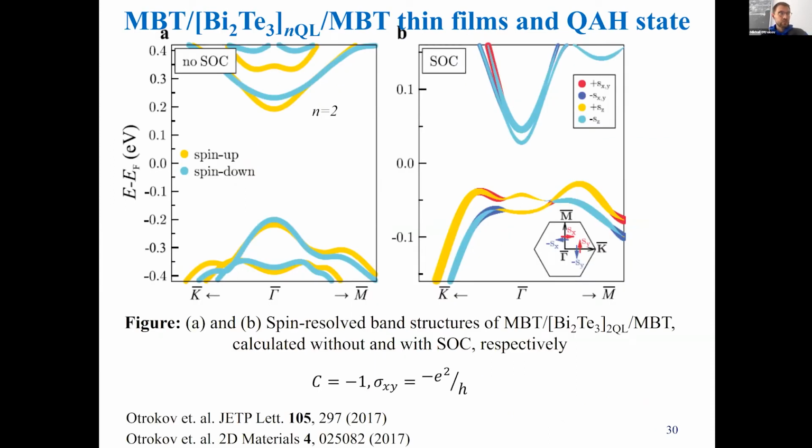Going back again to this kind of system, but now entering the two-dimensional limit, not just placing a single septuple layer on top of the semi-infinite surface of a topological insulator, but organizing these kinds of sandwiches, like a number of quintuple layer blocks of bismuth telluride sandwiched between two layers of MBT.